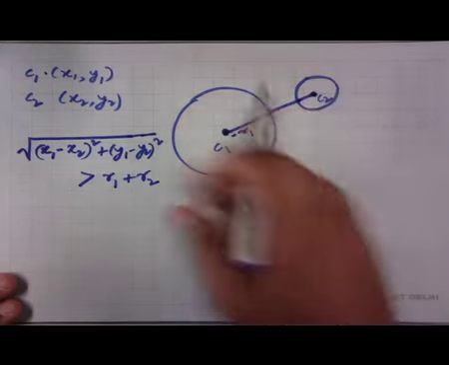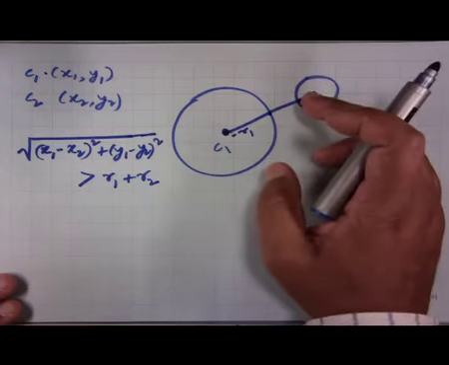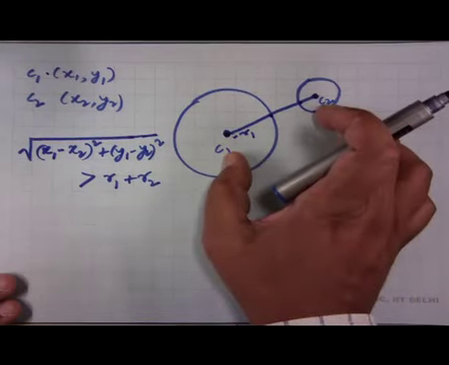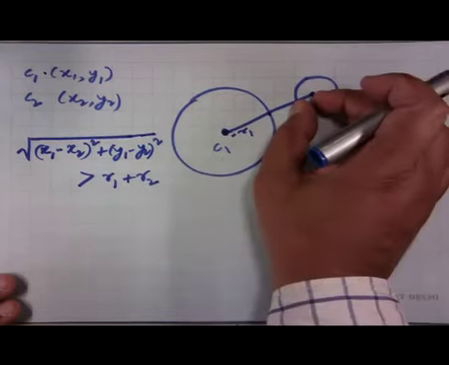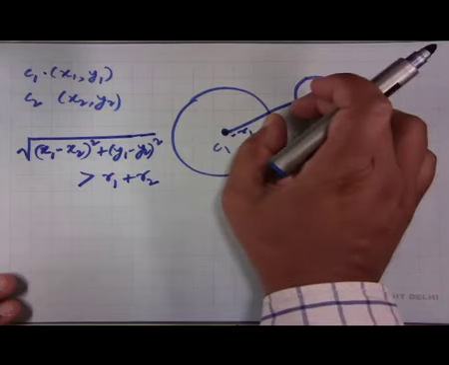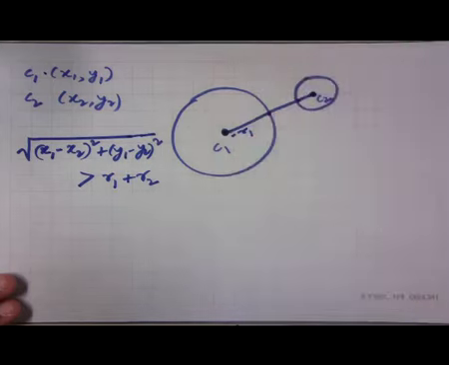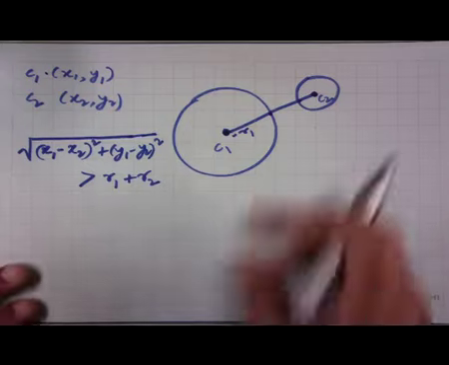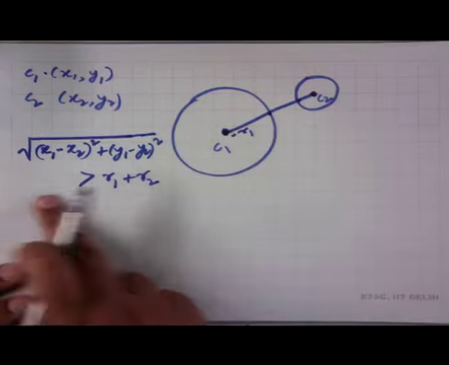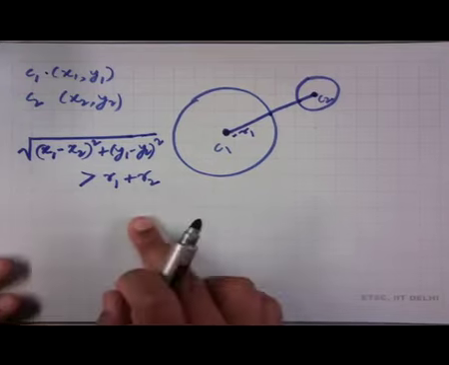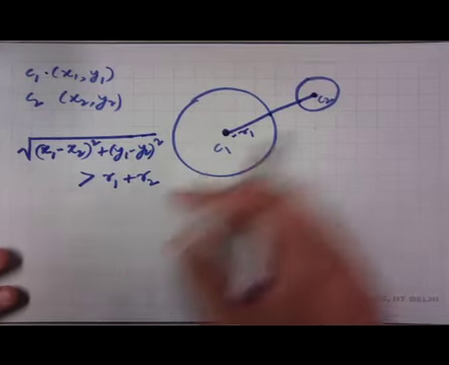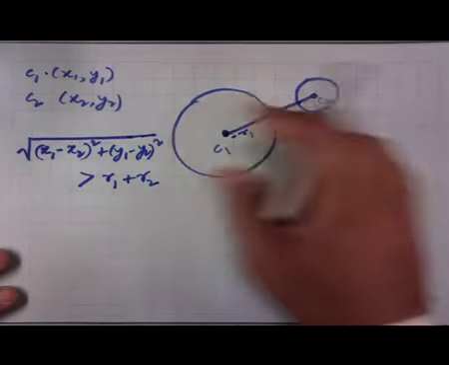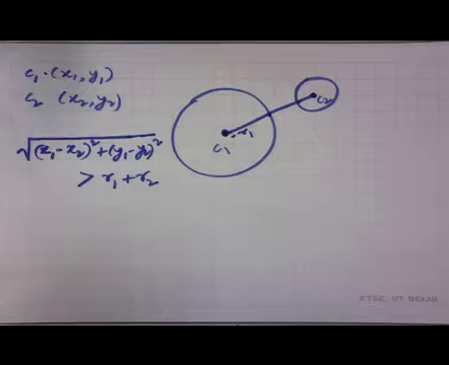So, obviously, if the two circles are not touching and not intersecting, then the total distance between the two centers will be R1 plus R2 plus something more, because the two circles are neither touching nor intersecting. So, obviously, when that happens this has to be true, and vice versa also. If the distance is more than R1 plus R2, then that also implies that they do not touch each other nor do they intersect.